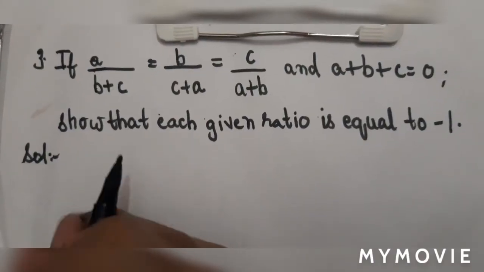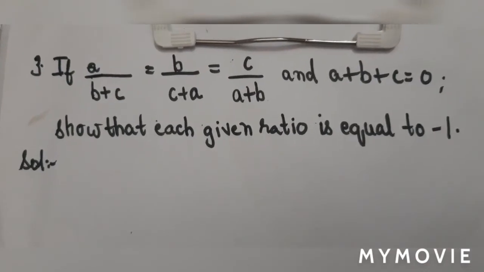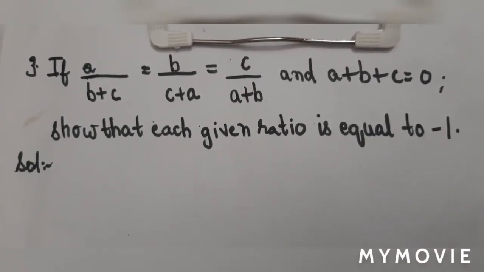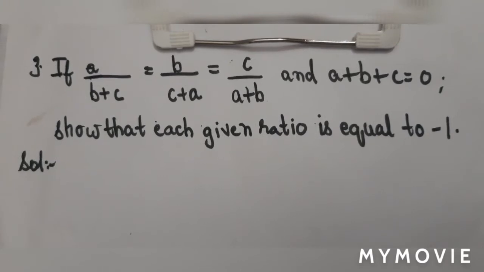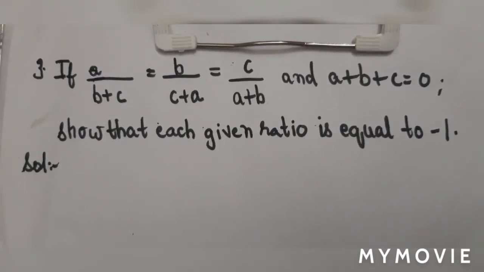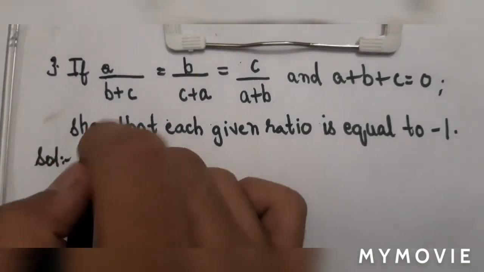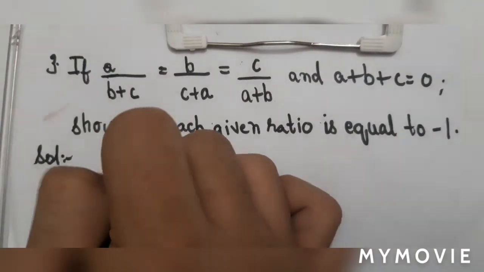So friends, our third question is, if A by B plus C is equals to B by C plus A is equals to C by A plus B and A plus B plus C is equals to 0, then show that each given ratio is equal to minus 1. So A plus B plus C is equals to 0.